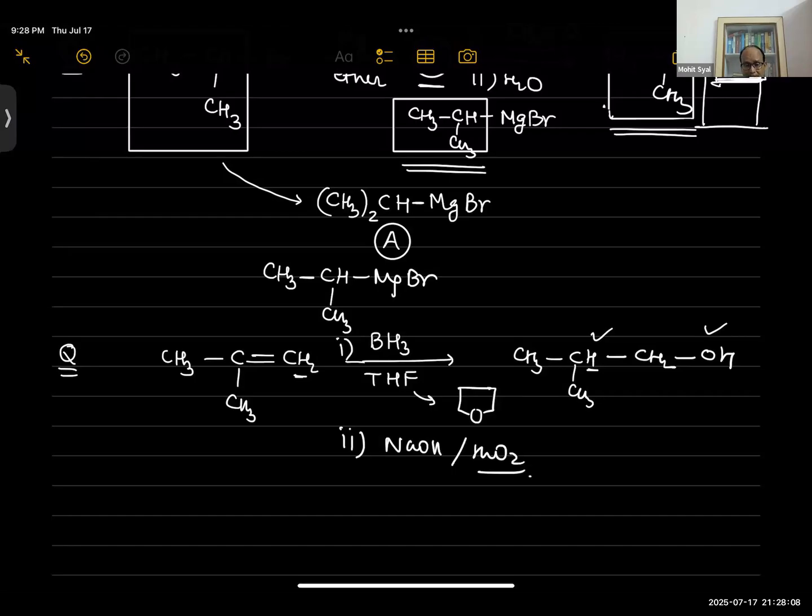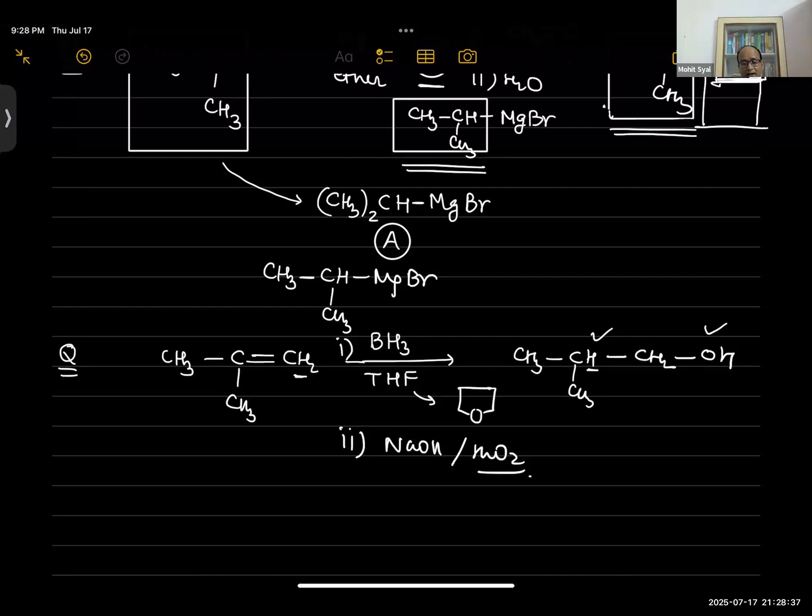So in the next class, we are going to start with the physical and the chemical properties of alcohols. That will include some physical properties, boiling point, acidic strength, and chemical reactions, chemical properties, oxidation, all the reactions. So be prepared for it, because that is a very important part.